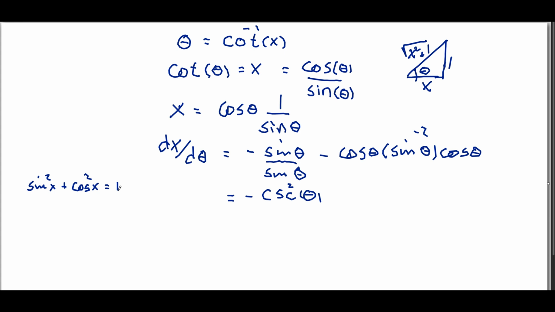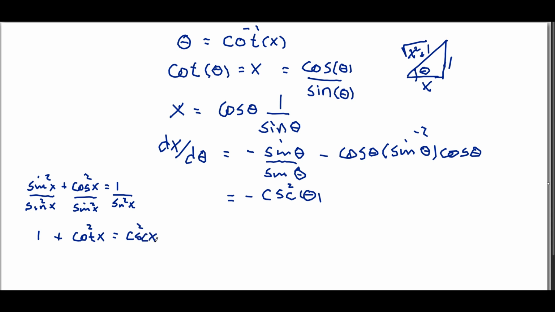So we want to divide by sine squared x, and we have 1 plus cotangent squared x equals cosecant squared x.